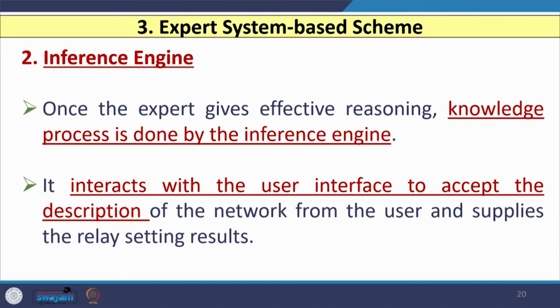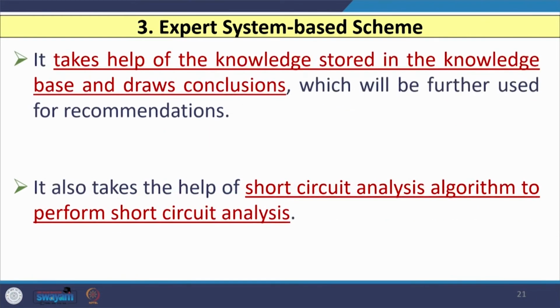This block, the inference engine, also takes help of the knowledge stored in the knowledge base and draws some conclusions, and such recommendations are also passed to the other block. It also takes the help of a short circuit analysis algorithm to perform short circuit analysis if it is required.